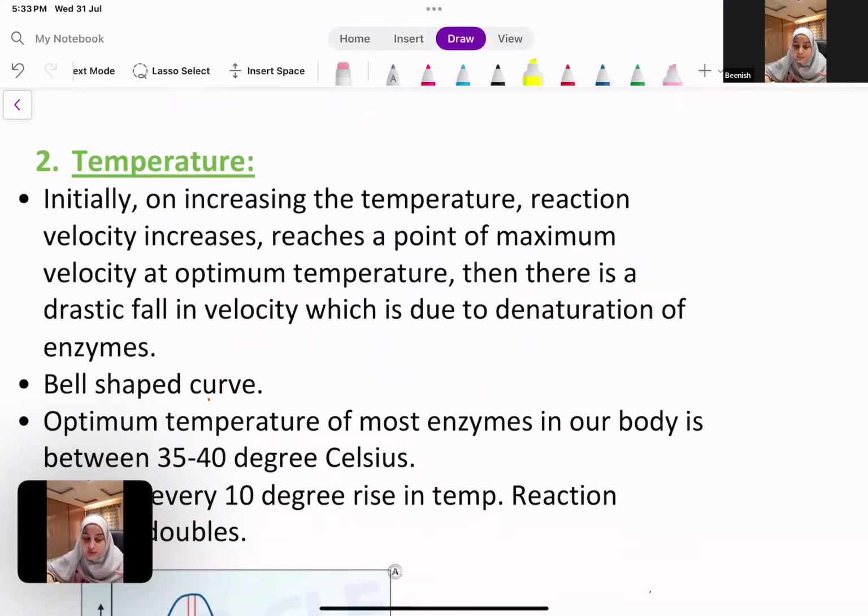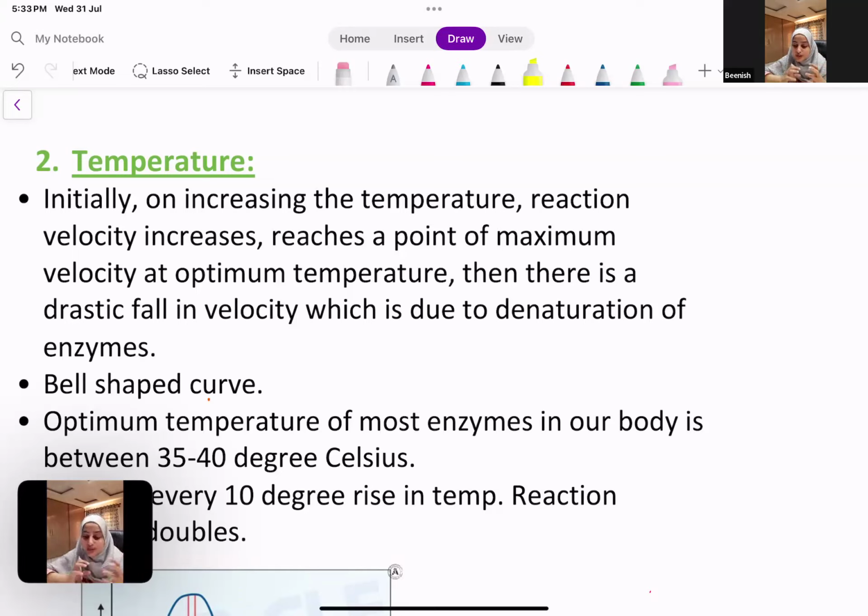Here also your enzymes are working within a very narrow range of temperature and pH. On increasing the temperature, the reaction velocity is going to increase, because enzyme catalysis, as we've already mentioned, is based on the collision between the reactants and the enzymes, so they have to form an enzyme-substrate complex. So when you increase the temperature, the kinetic energy of the reactants is going to increase.